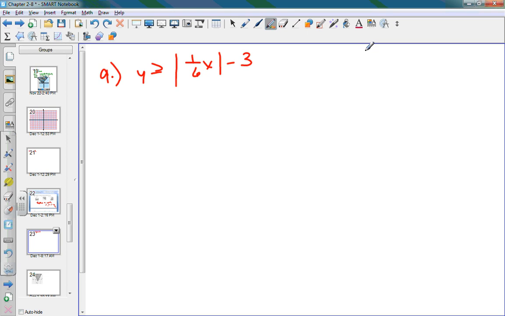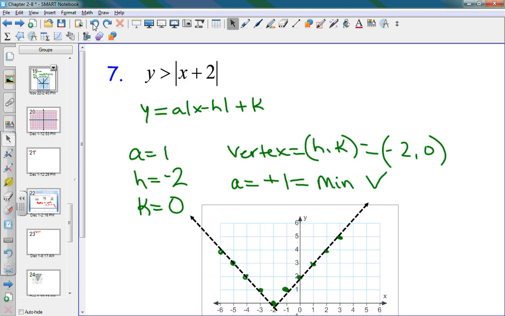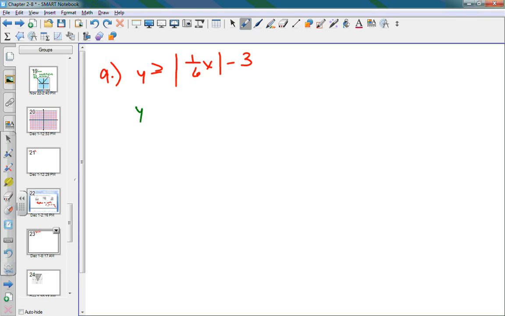You have to actually use the plug and chug of the graphing of the XY table. But before you do that, is this thing in standard form?